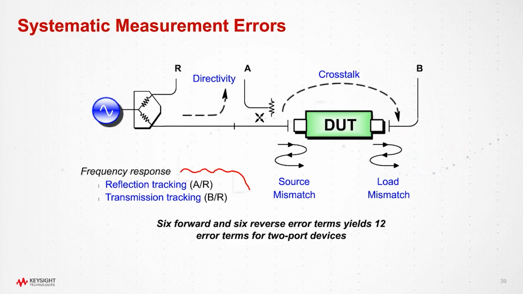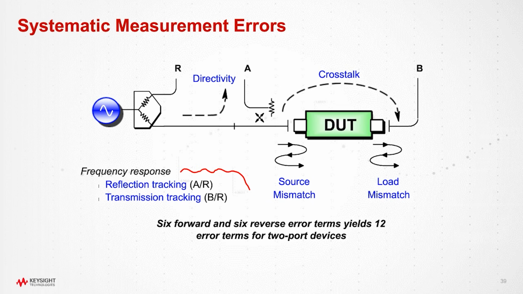Let's look at some of the systematic errors. Like we talked about earlier, we have directivity, where we see some signal in the test receiver that doesn't come from the device under test, but actually comes from the directivity of the coupler. There's also crosstalk, but in general, modern network analyzers don't really have any significant amount of crosstalk. It's usually hidden in the noise floor of the network analyzer and almost negligible for most applications.